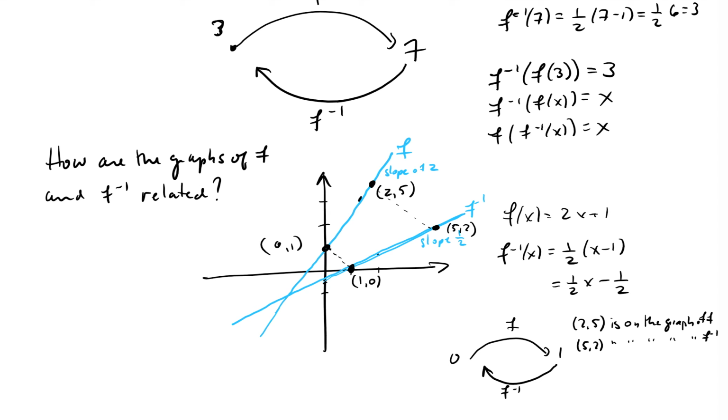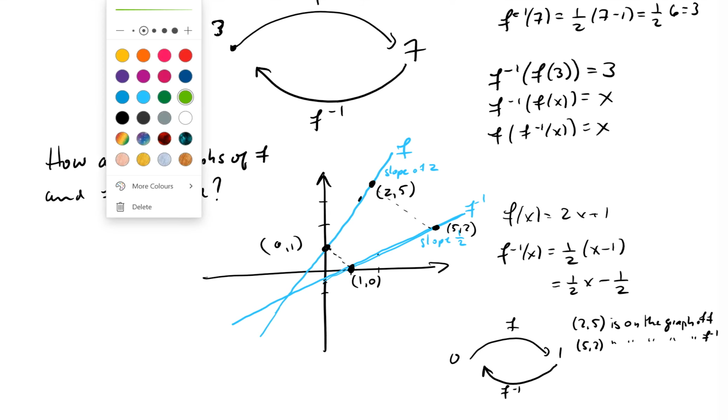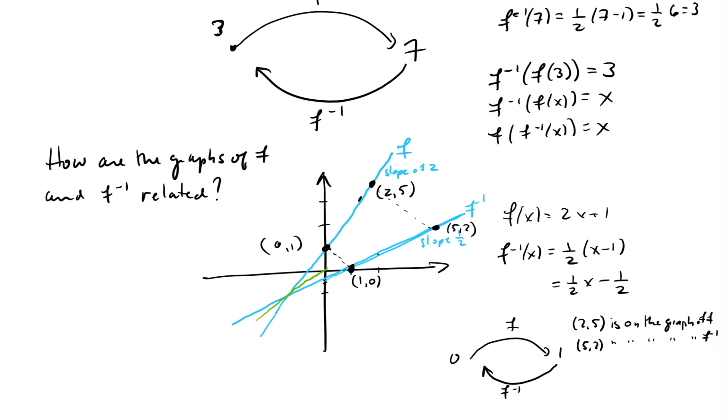And this is what's interesting to see: if I draw the line y equals x, normally if I did my job correctly, the graph of f inverse is going to be a reflection of the graph of f across the line y equals x. This is what happens if you invert coordinates, you're basically reflecting across the line y equals x.